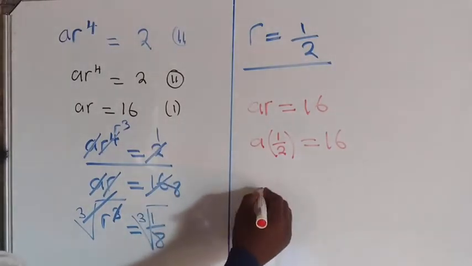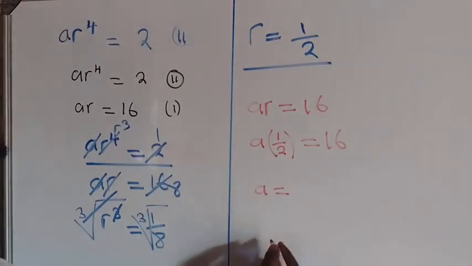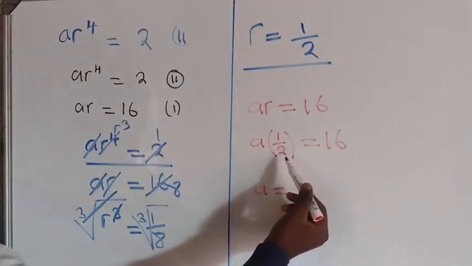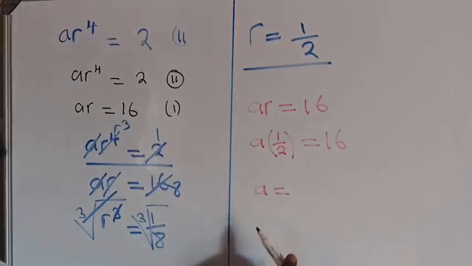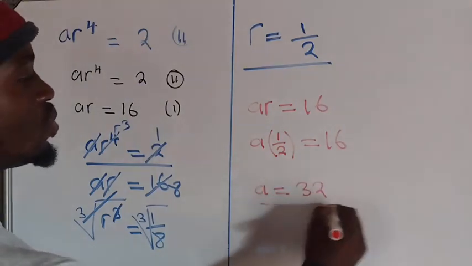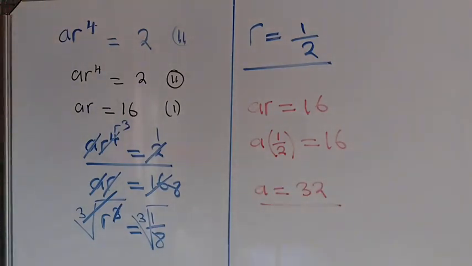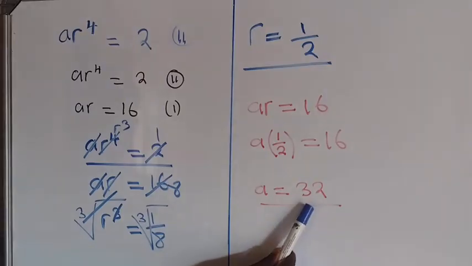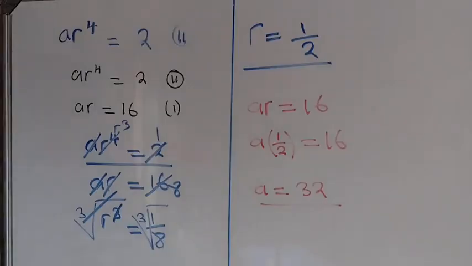So this will give us a equal to, I'll just do the cross multiplication, which will give me a is equal to 32. So we can see that the first term will be 32 and the common ratio is half.